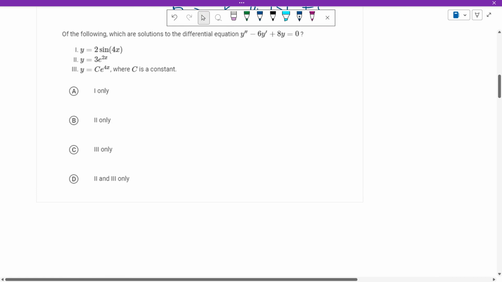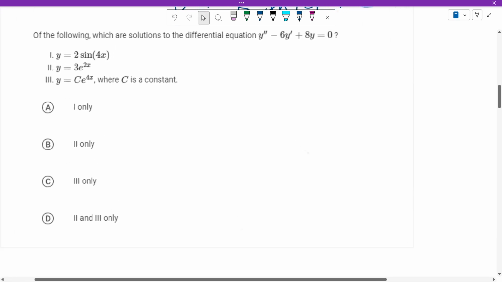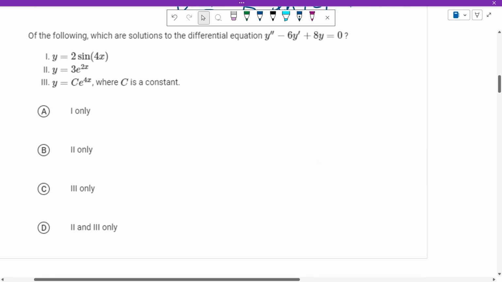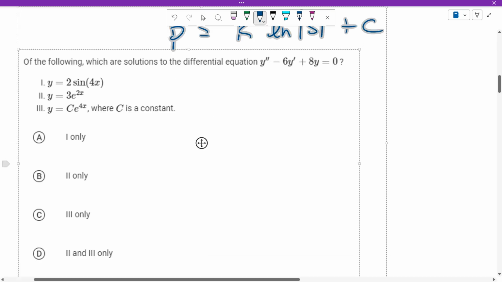Which of the following are solutions to that differential equation? What should I do? Crying is not an option. How about we take the first derivative of this thing?